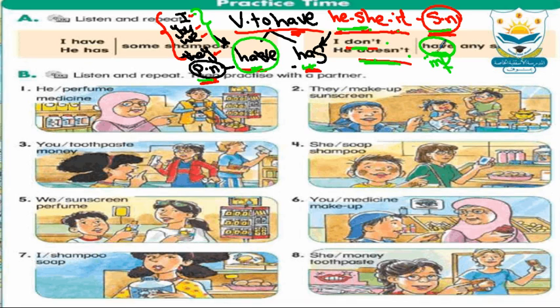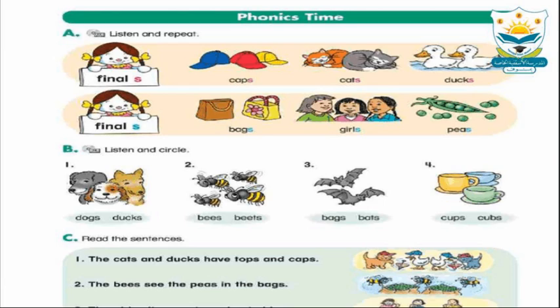Okay, we also have some and any. We learned it before in primary 2, and in second grade we studied it in Let's Go. We use some in affirmative sentences.